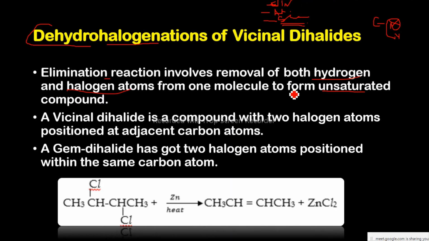So a vic dihalide is that compound with two halogen atoms positioned at adjacent carbon atoms. Whereas a gem is that dihalogen compound where the two halogens are positioned on the same carbon atom. So this is it.